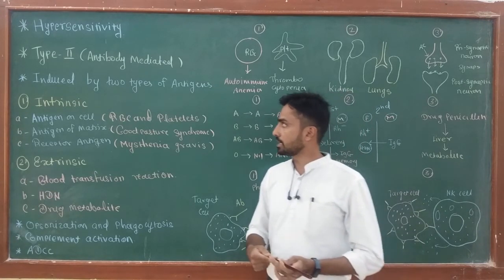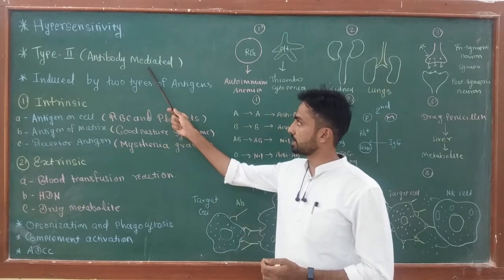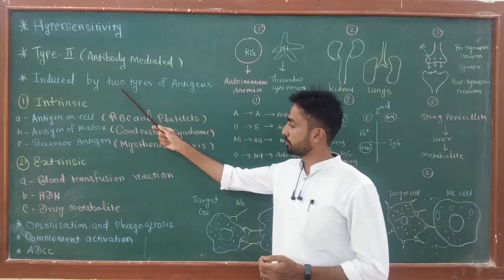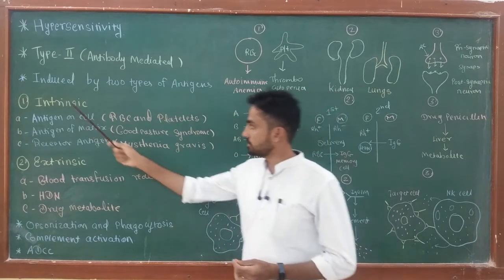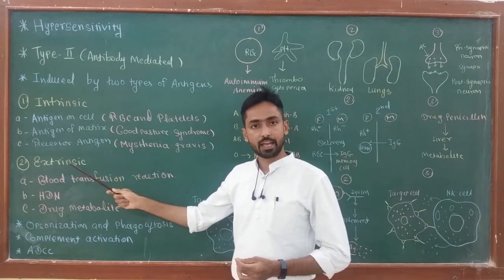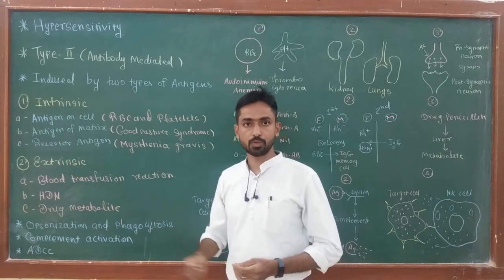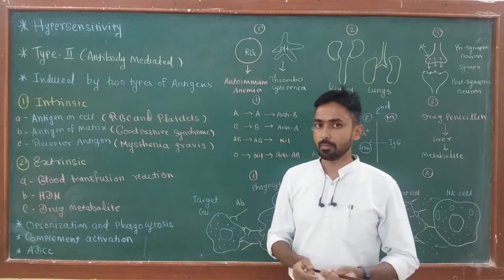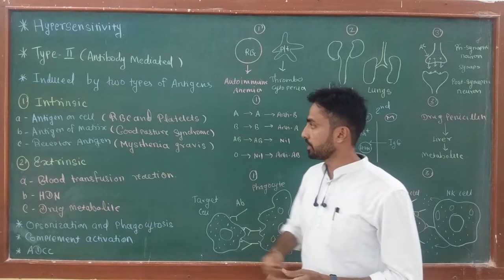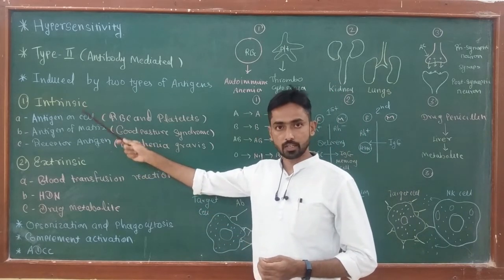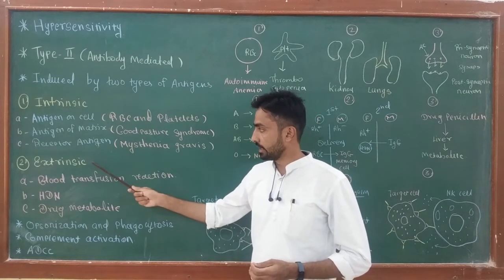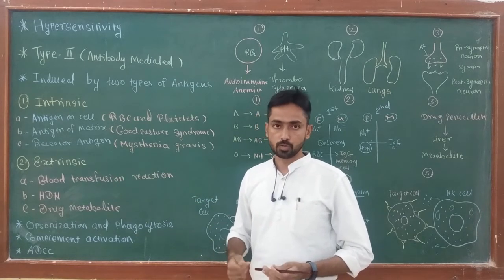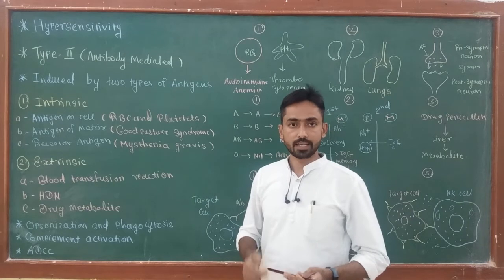Now, generally, type 2 hypersensitivity reaction occurs due to two different types of antigen, either intrinsic antigen or extrinsic antigen. In this video, I am going to discuss the detailed mechanisms by which intrinsic antigen can induce type 2 hypersensitivity, as well as how exactly extrinsic antigen induces type 2 hypersensitivity reaction.